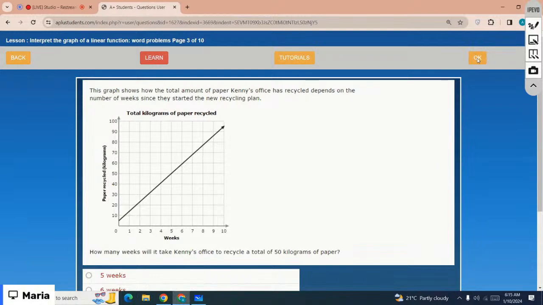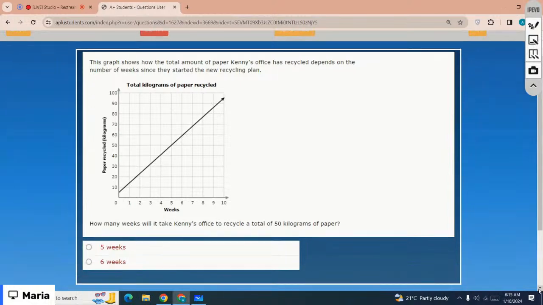So which is the correct option? Yes, the correct option is 5 weeks, right?